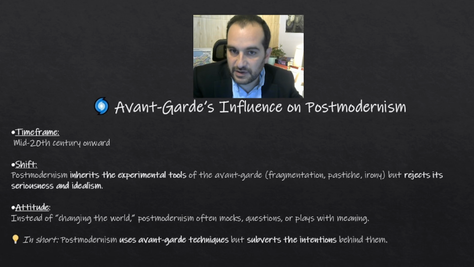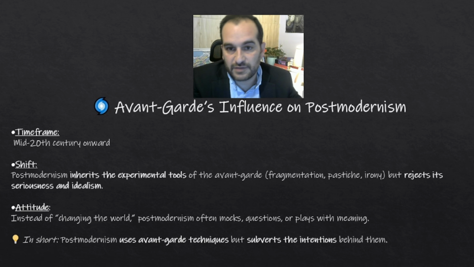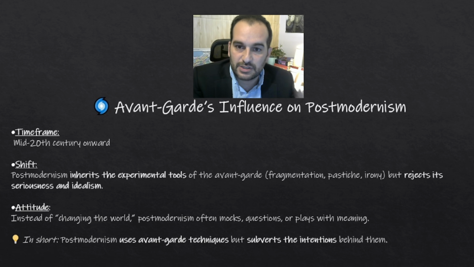So, to talk briefly about this, we can say that postmodernism inherits the experimental tools of the avant-garde, like fragmentation, pastiche, irony, playfulness, and these characteristics are inspired by the avant-garde movement.